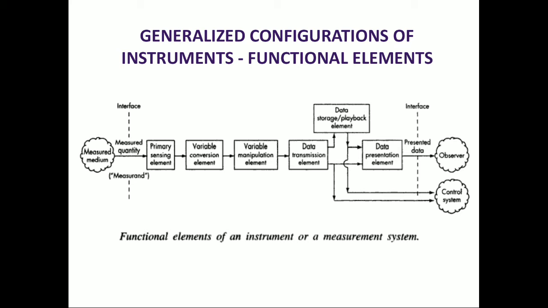From there you can see a control system. A control system fetches its data and operates based on the available data in the storage and playback element. So these are all the various elements of a generalized instrumentation system, and we can see them in detail with the help of a few examples.